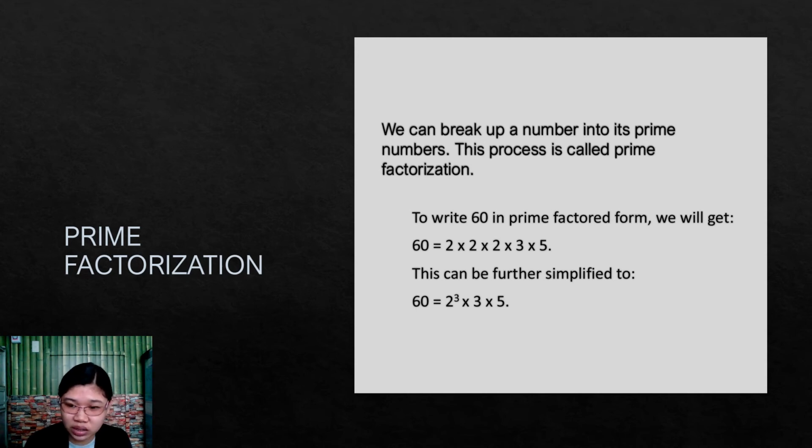So for example, here in 60, the smallest prime number that will divide evenly into the given number is 2. And then, actually, you can use any prime number available.